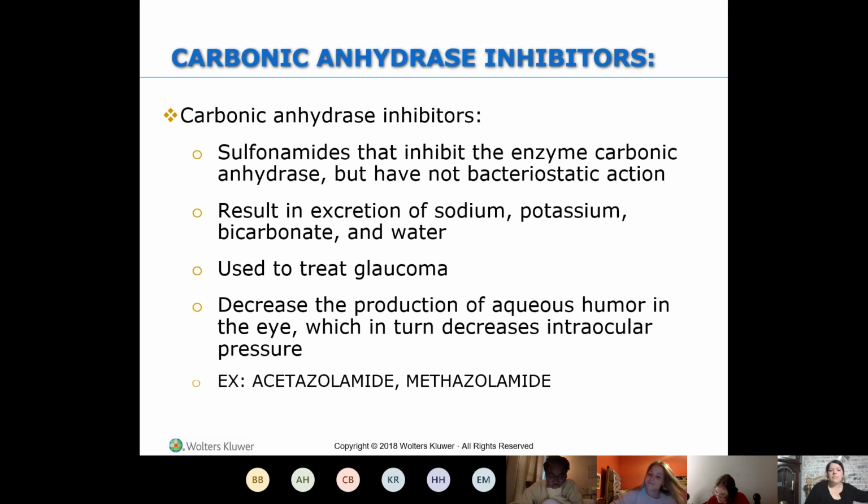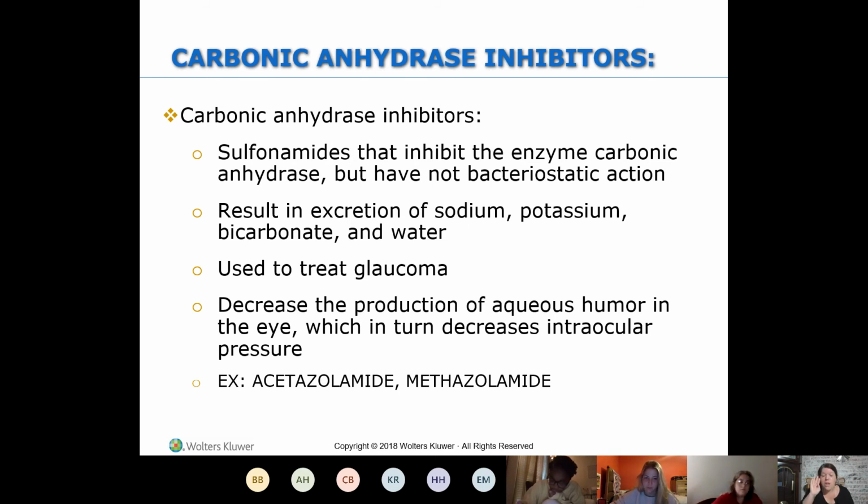All right. So we can have fluid buildup other places than just our vessels, right? Would we all agree that we can have fluid buildup elsewhere? So at its most simplified, the most simple way I could explain it, glaucoma is fluid buildup behind the eyes. It's basically high blood pressure behind the eyes, okay?